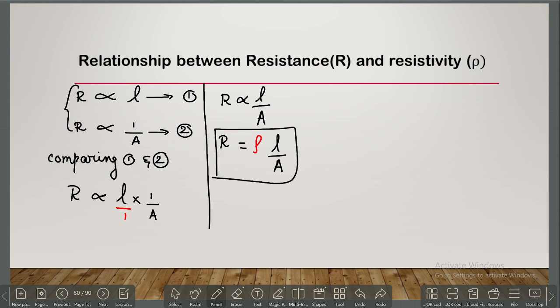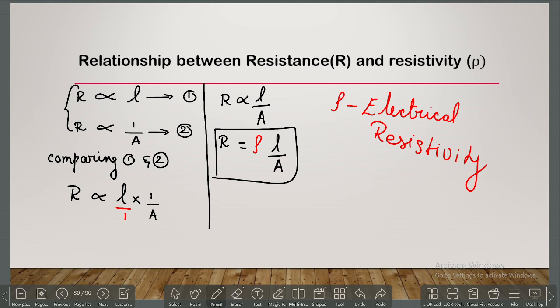The symbol rho stands for electrical resistivity, or we can also call it specific resistance.